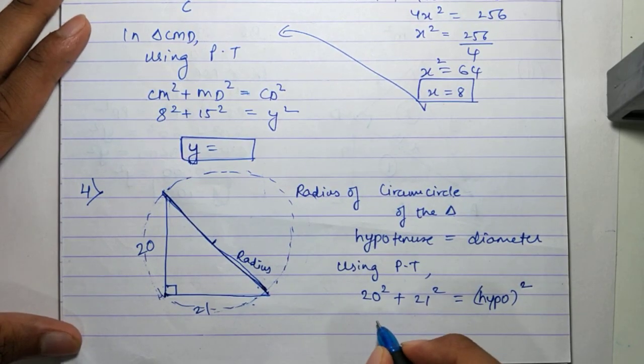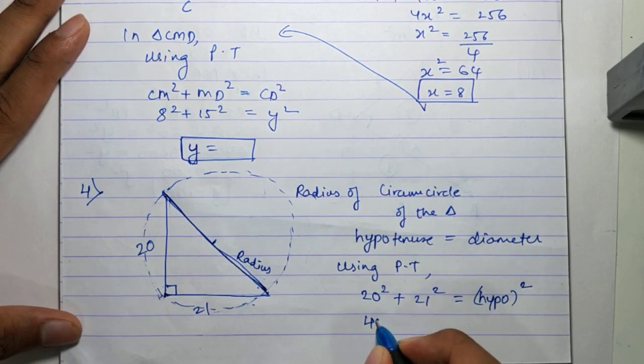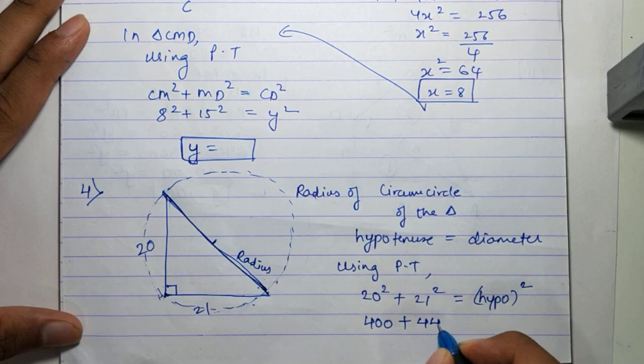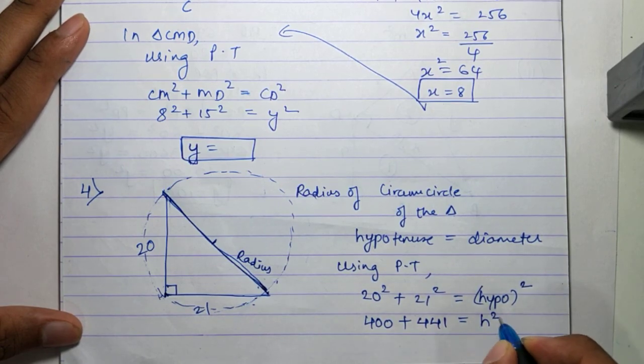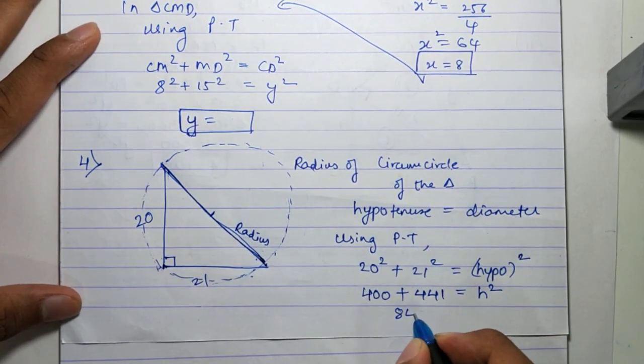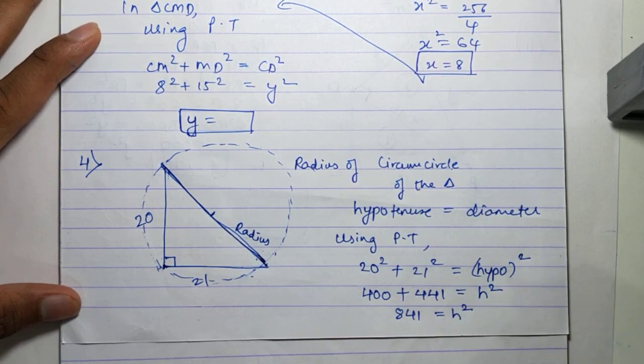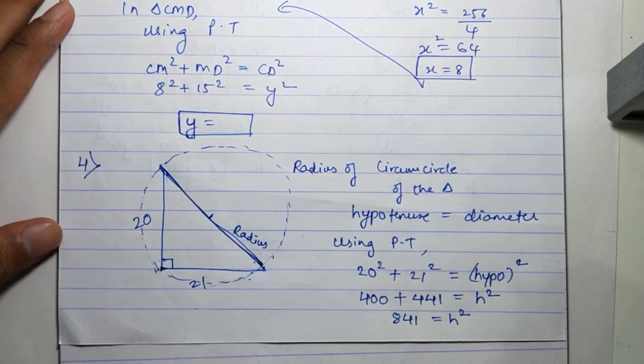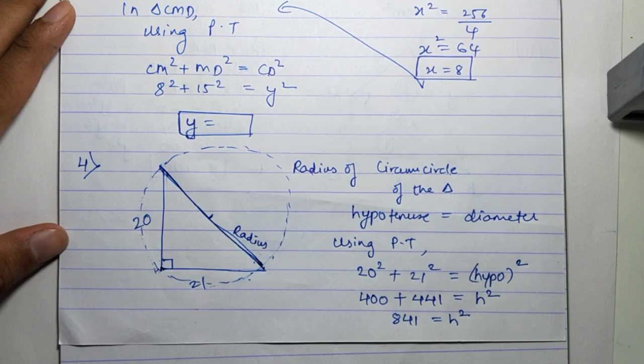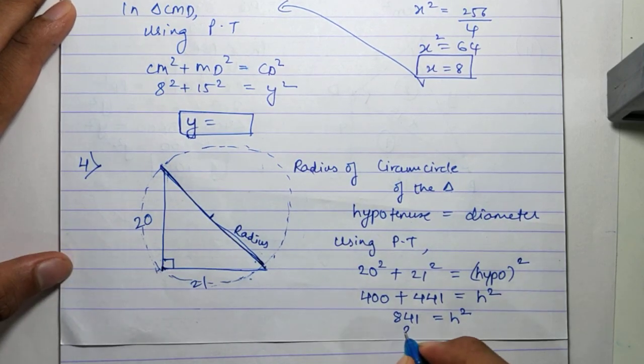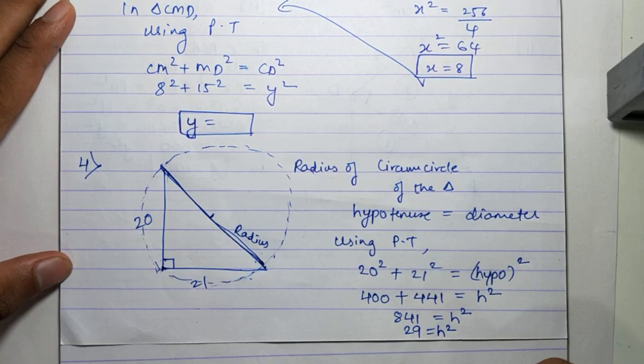Okay, so 400 plus 441 is equal to h square, that is 841 equals h square. And find the square root of 841. You will get the answer as 29. So h is 29.